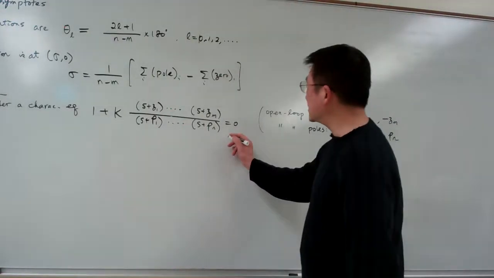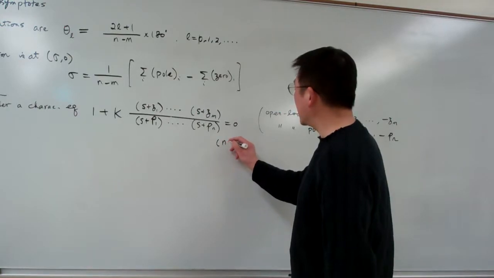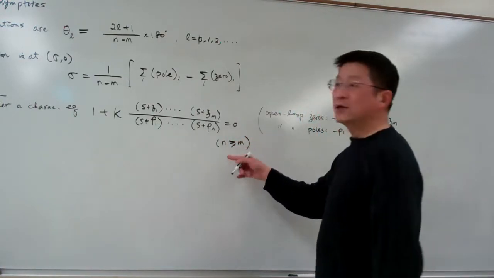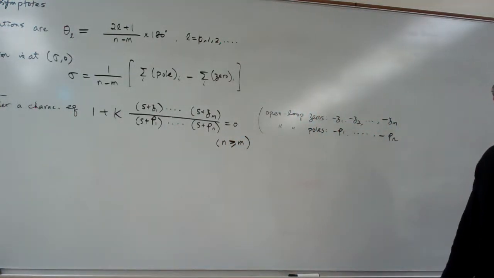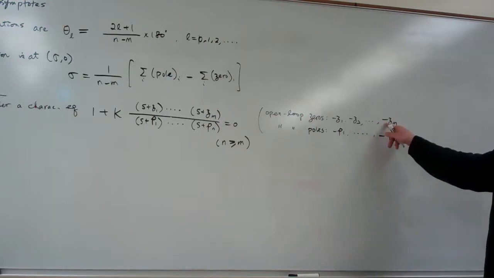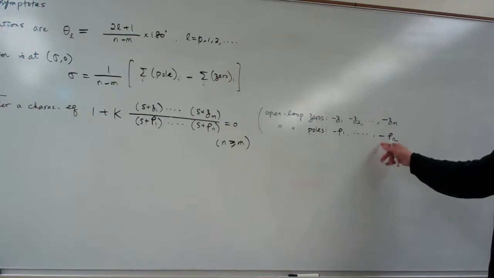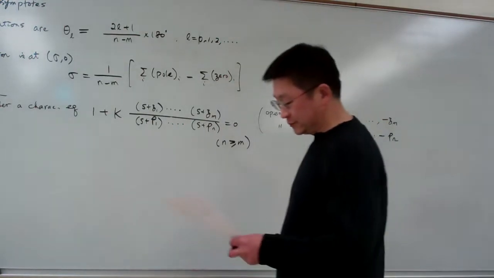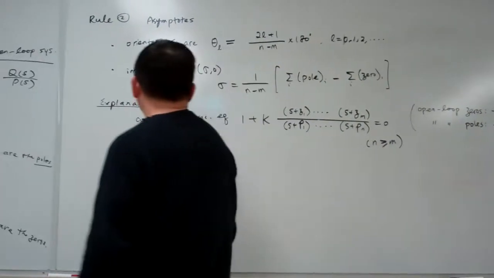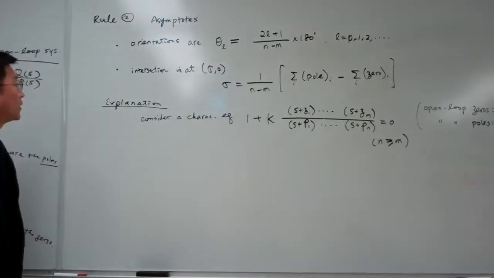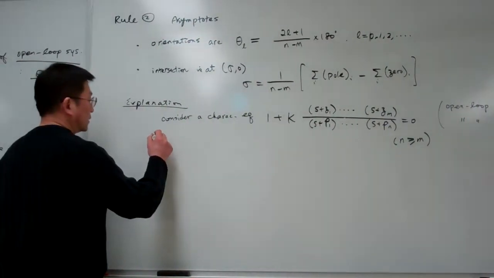For this case, we're assuming that n is greater than or equal to m for practical systems. So basically, the number of zeros is always less than or equal to the number of poles. So that's the situation we come up with. So we consider this one, then the orientations.